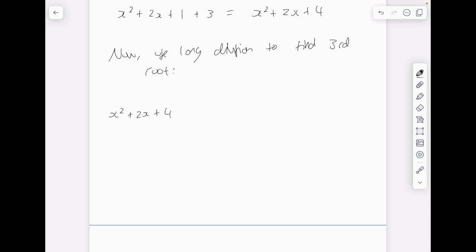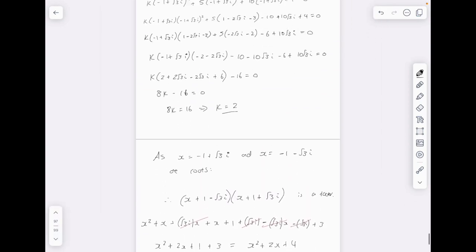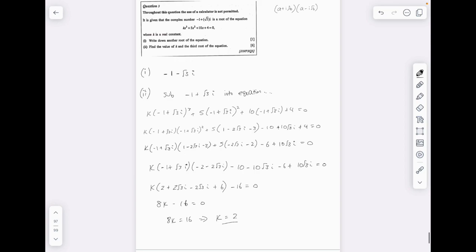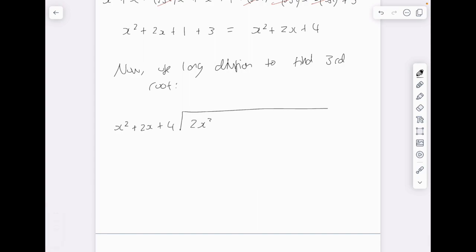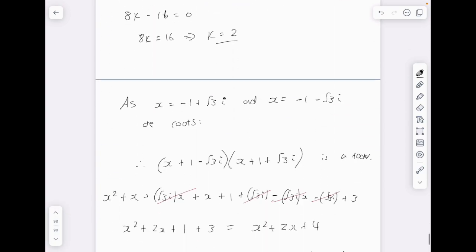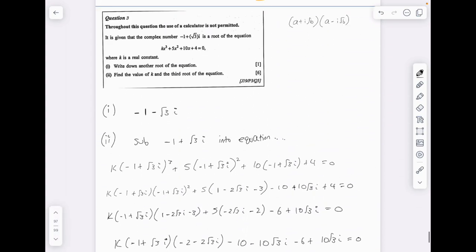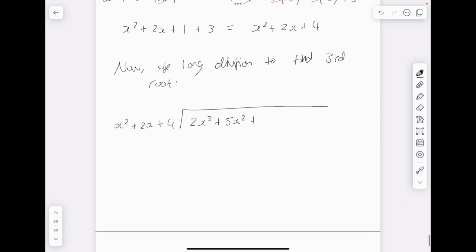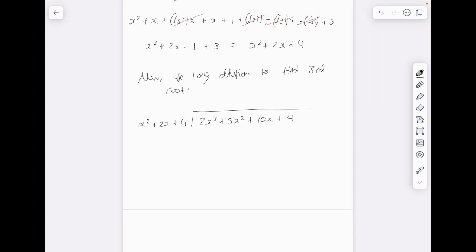While the algebra bit at the beginning is so important. We've got x squared plus 2x plus 4, and then kx cubed, so it's going to be 2x cubed plus 5x squared, plus 10x plus 4.